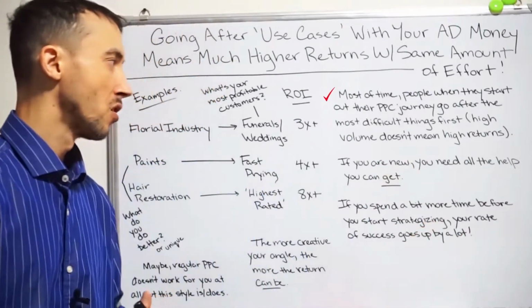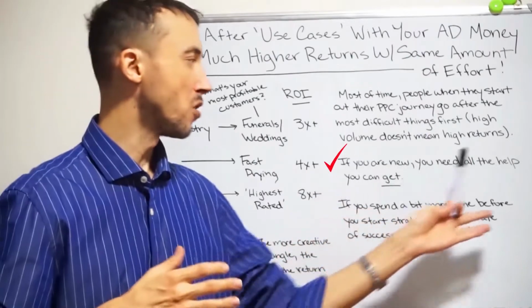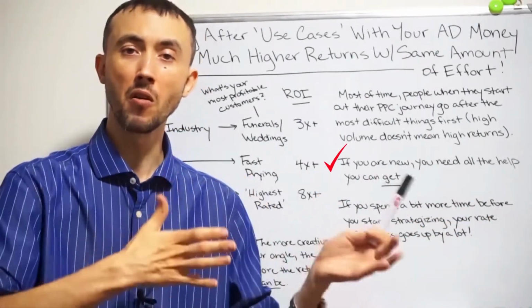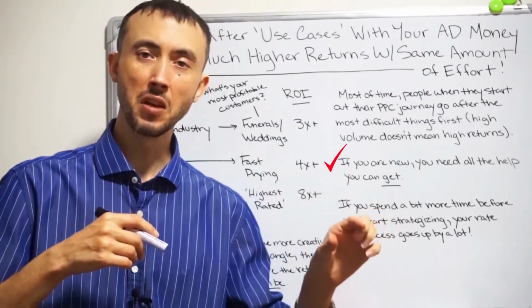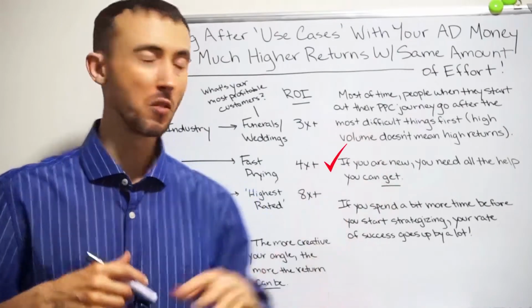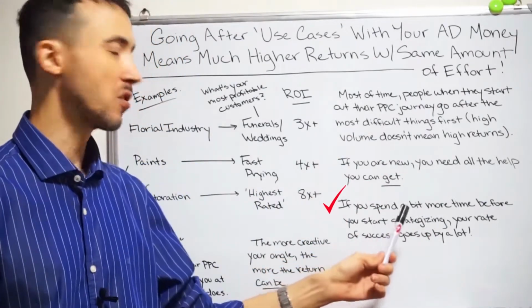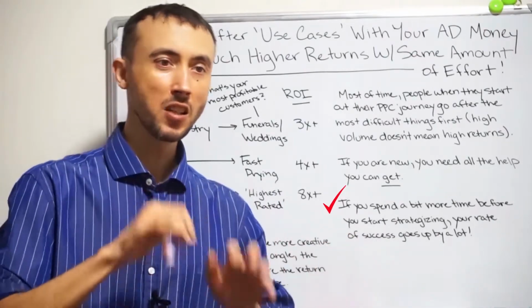So if you are new, you need all the help you can get to avoid competing after customers that everybody else is competing after, those main keywords in your market. If you spend a little bit more time before you start actually spending, which is so tempting, it's like, ooh, I can get customers instantly.